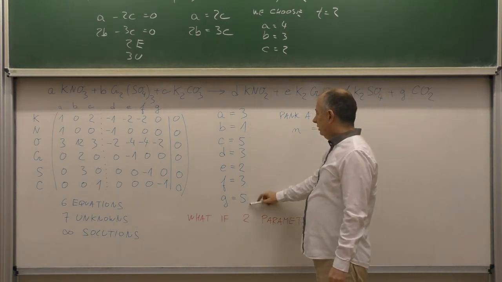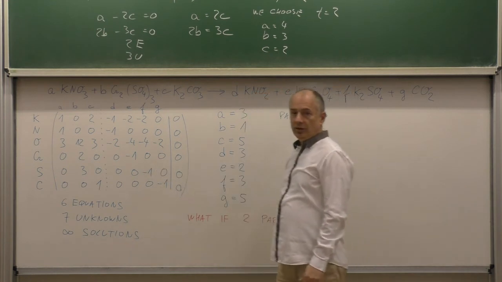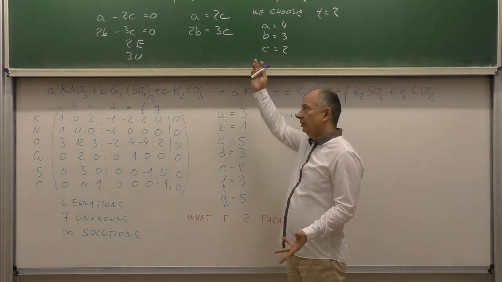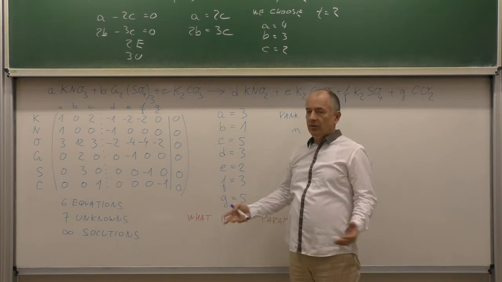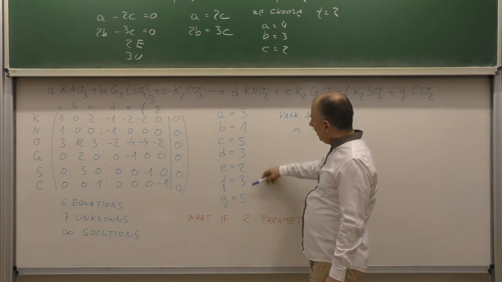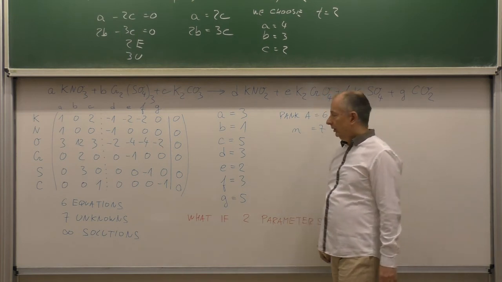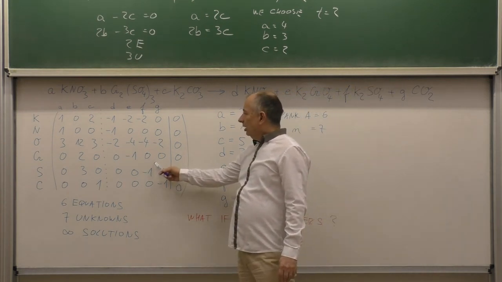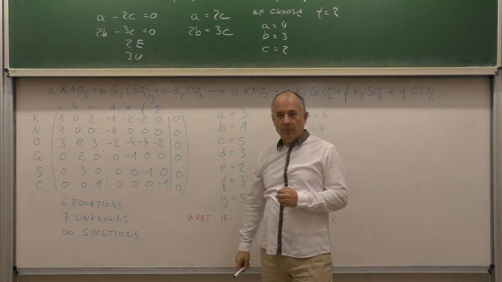So any multiple of this solution again solves this homogeneous system. Even a 0 multiple, but this is not interesting from the chemical point of view. Even a negative multiple, but this is also not interesting. This is the choice when we get the least positive integers. So in this case, the rank is 6, the number of unknowns is 7, so there is one parameter.